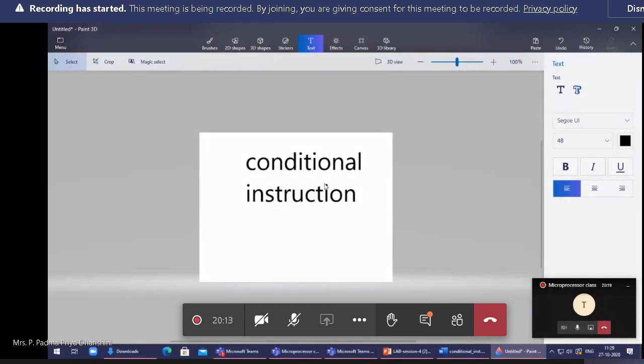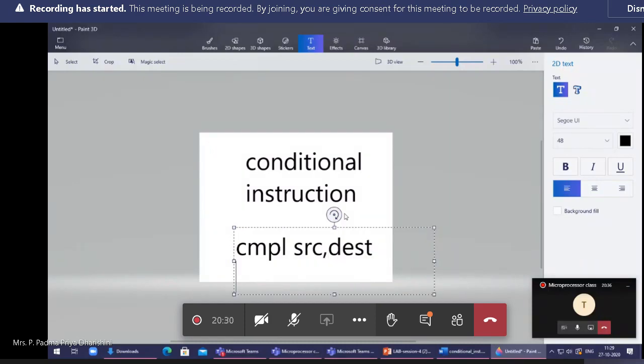A very important operation is that first we have to perform the compare operation. Compare, and after that the same B, W, L suffixes will come, then source comma destination. What is the meaning of this compare instruction?